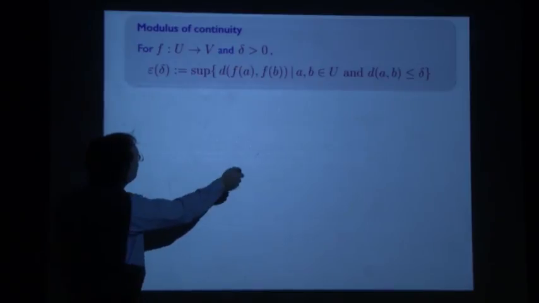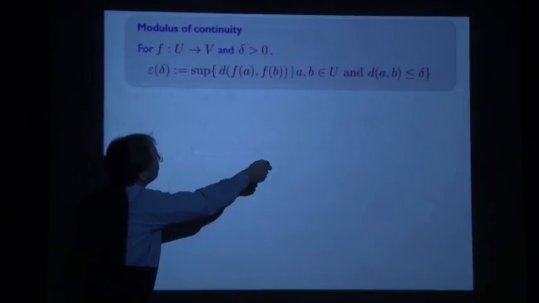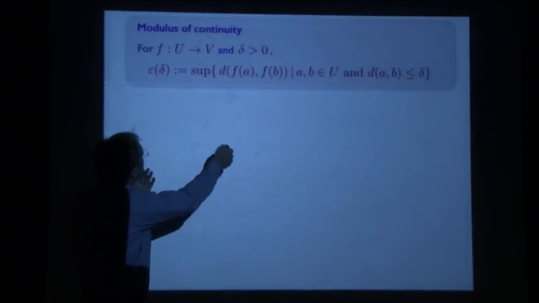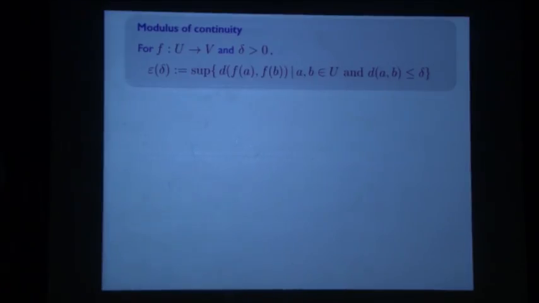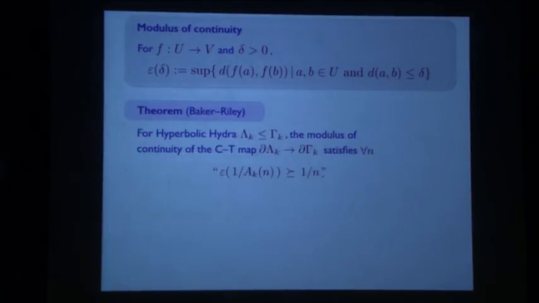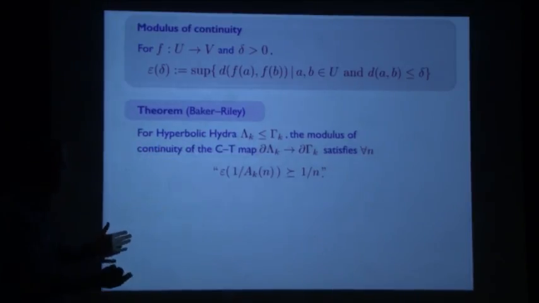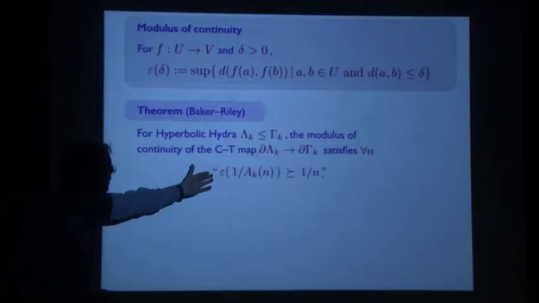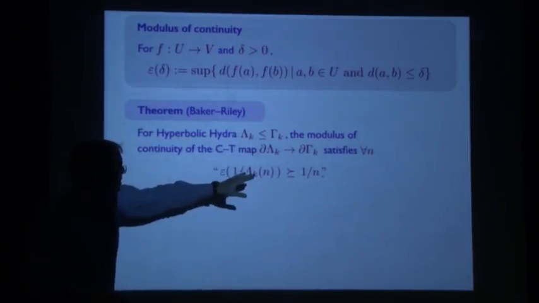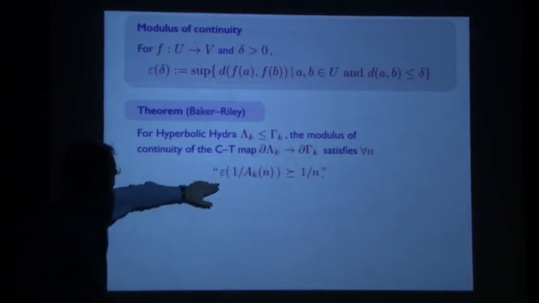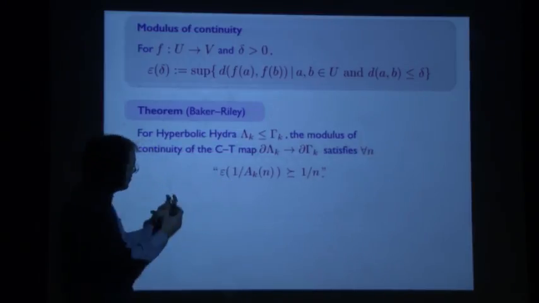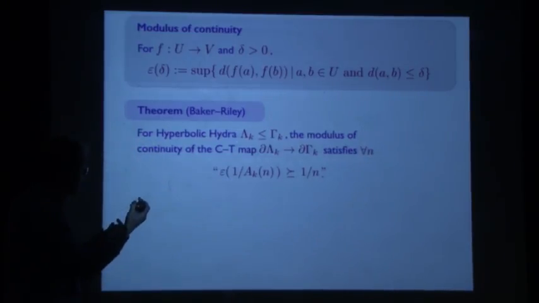It's the supremum: look at all pairs of points in U at distance at most delta apart, and see how far apart their images can be. It turns out that for these hyperbolic hydra, the Cannon-Thurston maps exist, but their modulus of continuity is crazy in this sense.